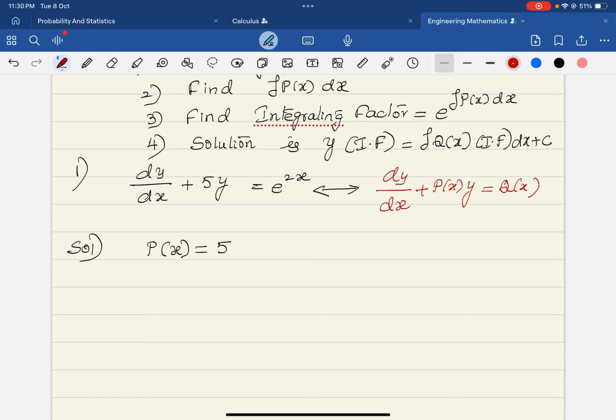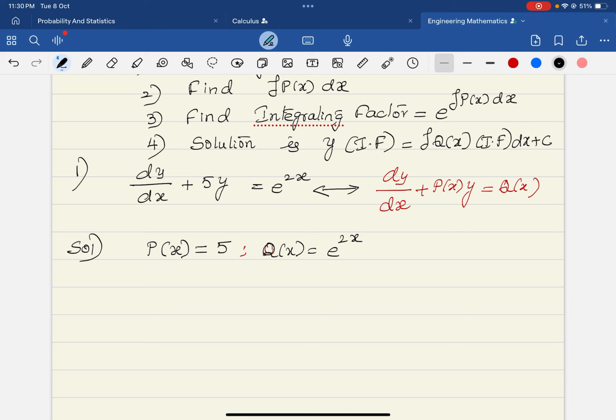In the place of p of x you have got 5, and in the place of q of x you have got e raised to 2x. So q of x is equal to e raised to 2x.